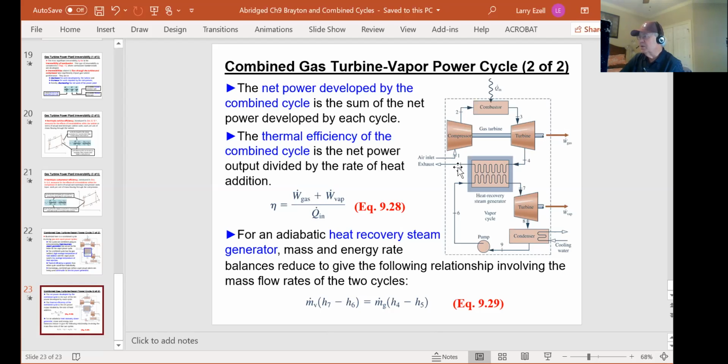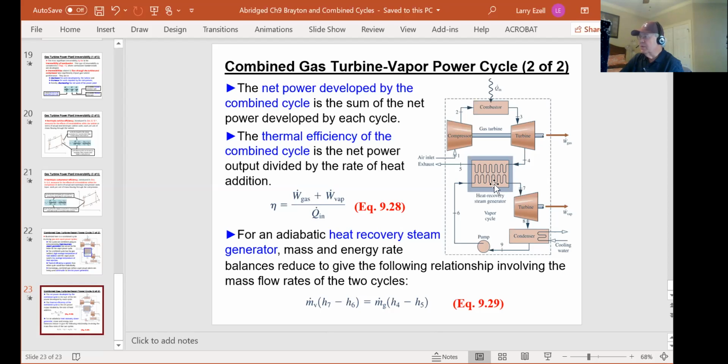So that mass flow is determined by how much you want out of here. Now you've got this free heat. You can do analysis of this, and you can determine what the state H here is and H here is of a Rankine cycle. So you can determine what mass flow rate of water this system can support.